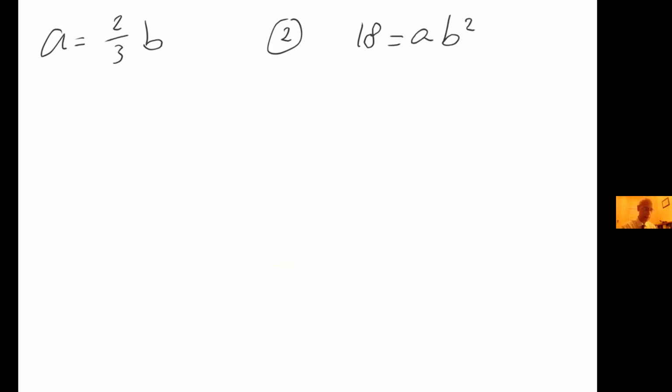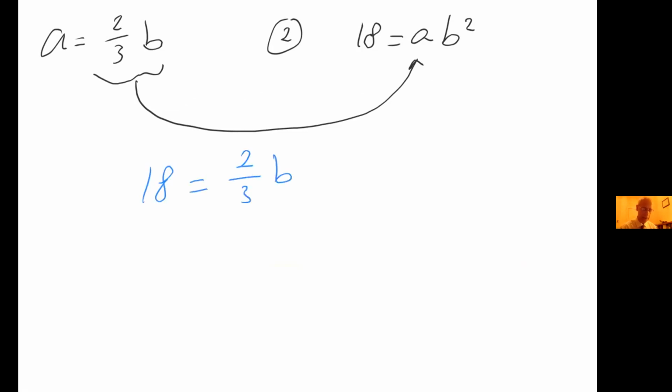Substituting into a, this gives me 18 equals 2/3 of b times b to the second. This gives me 18 equals 2/3 b to the power of 3, b cubed.